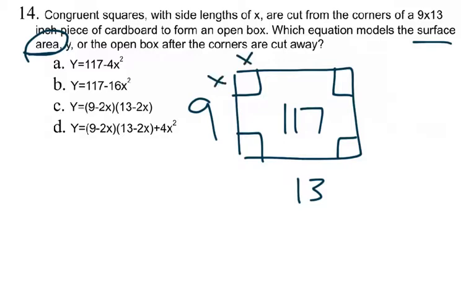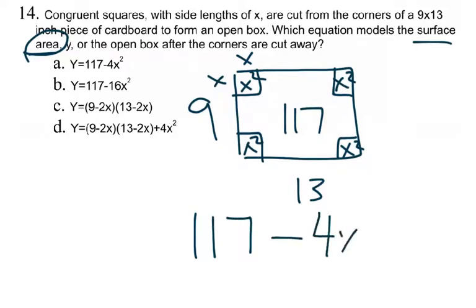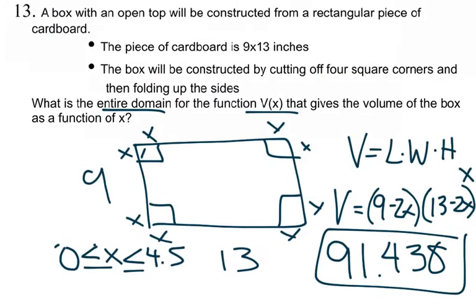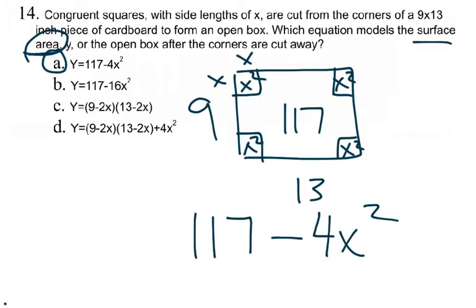So the area of those corners is x squared. X squared, x squared, x squared. So you had a surface area of 117. You took away 4x squareds. Your answer is A. Now I just want you to note that these problems are different because number 13 was talking about volume, 14 talking about surface area. That's why we use 2 different formulas.